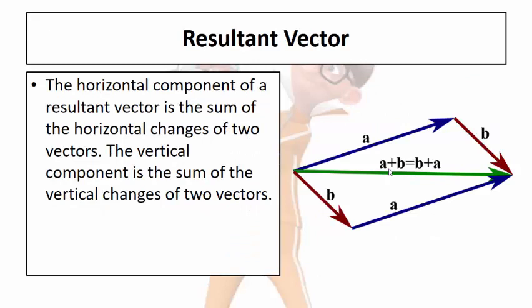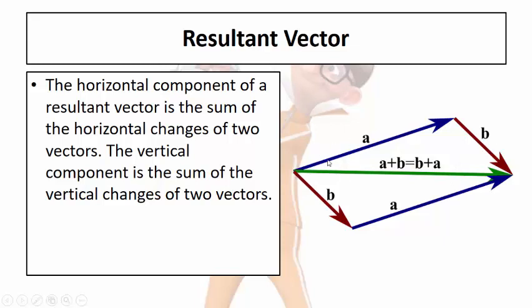The resultant vector, as indicated here, a and b would be vectors denoted by bold letters in this case, and the sum, we call this the resultant vector. The resultant vector would be this green vector, and it's the diagonal in that parallelogram.